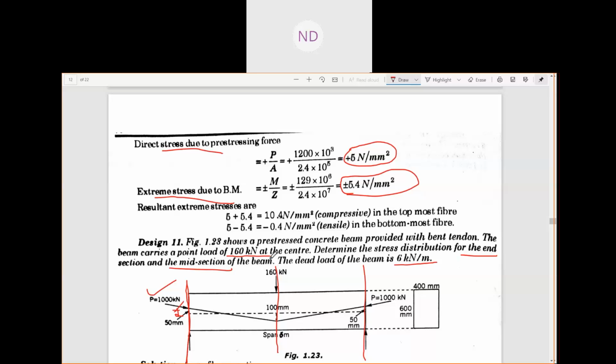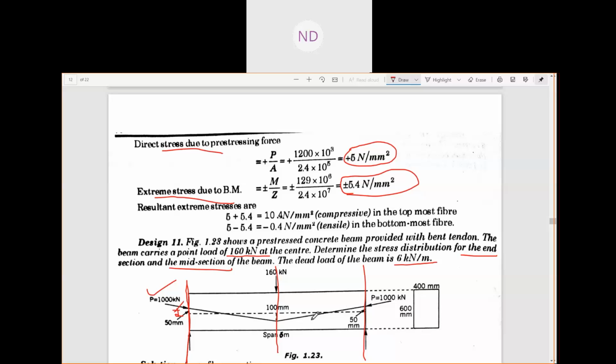Two stresses have already come, but in this case you will also have a stress due to eccentricity, because you have eccentricity at the end section.